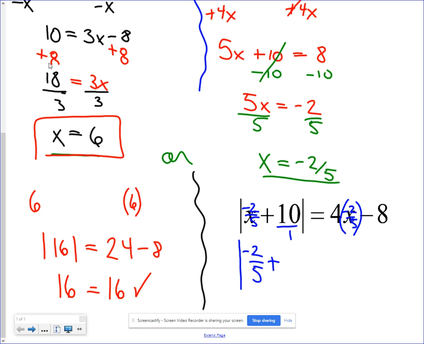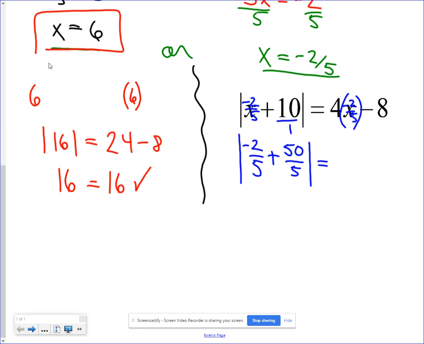So we need a common denominator. So let's change 10 over 1 to 50 over 5. So on the left side, negative 2/5 plus 50 over 5 would be 48 fifths, the absolute value of 48 fifths, which is just 48 fifths.